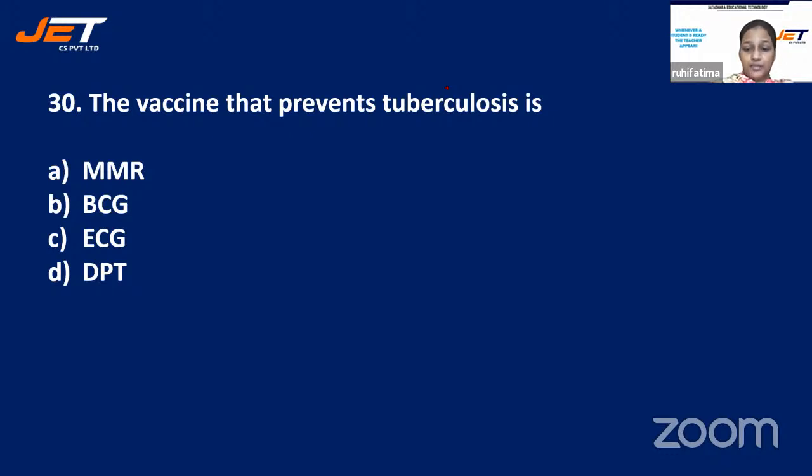Okay, students, time's up. And the correct answer is vaccine for tuberculosis. The correct answer is BCG. Some problem is arising or what? Yes, it is BCG.